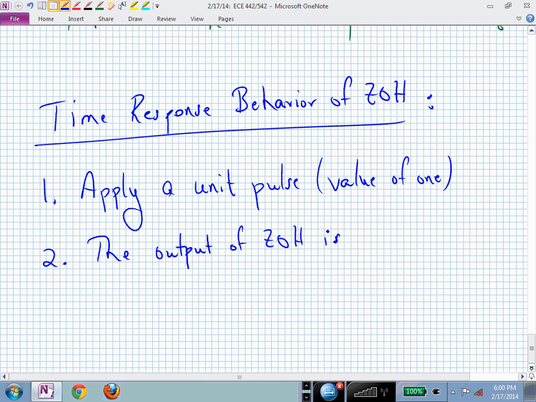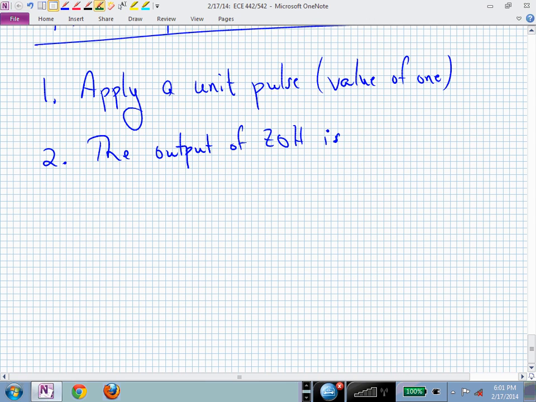I've applied a value of 1 at the origin in time, and now I'm going to say this is my pulse response of the zero order hold, and this is going to be an analog waveform.